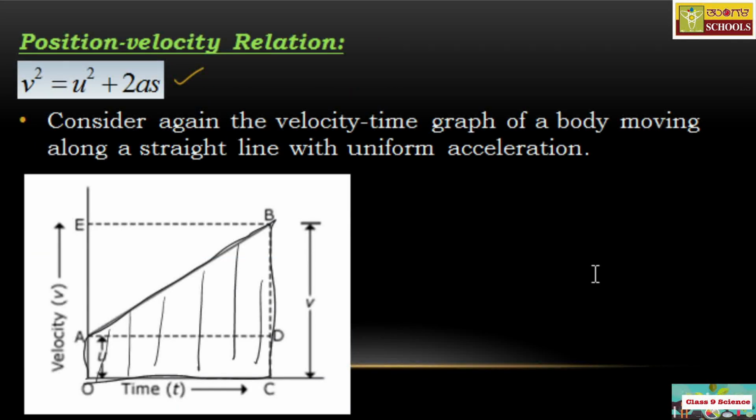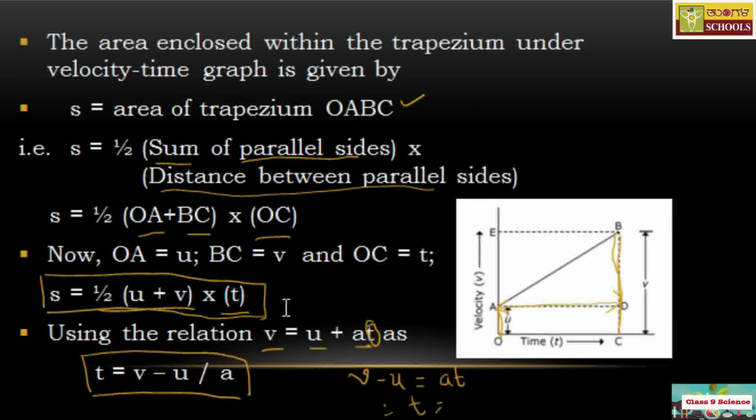You considered the area of the trapezium OABC as equal to S. Since the area under the VT graph gives you the displacement, this area also belongs to the area inside the VT graph, and hence S is equal to the area of the trapezium OABC, which is again the displacement S.